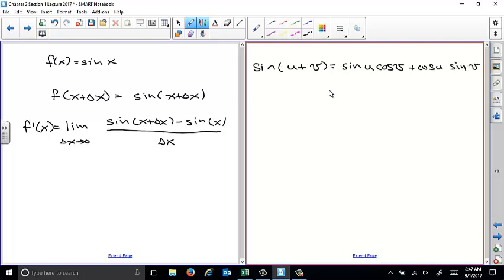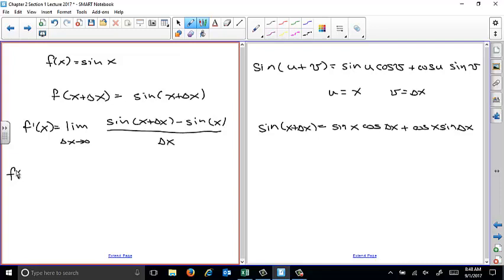In our case, u is x and v is delta x. So if we rewrite the sine of x plus delta x using this formula, we have the sine of x cosine of delta x plus the cosine of x times the sine of delta x. Okay, so we're going to plug that in here. Let's see what we got.